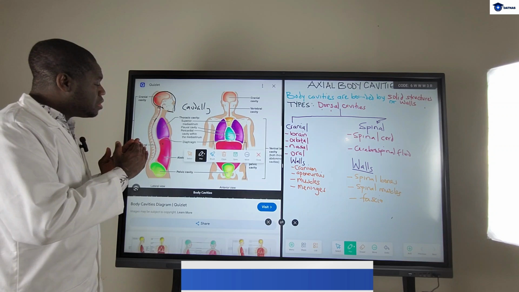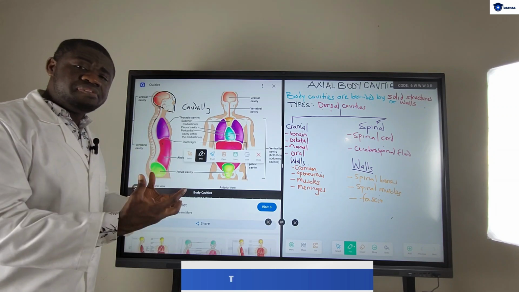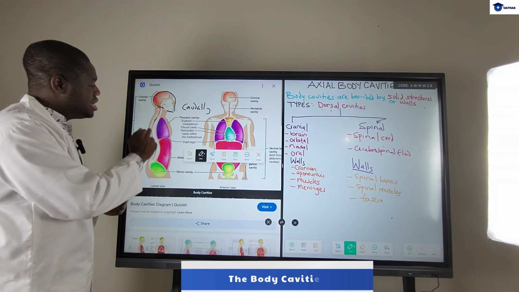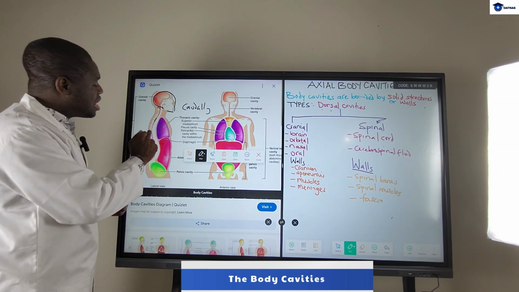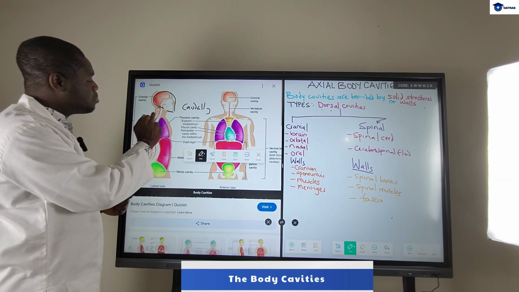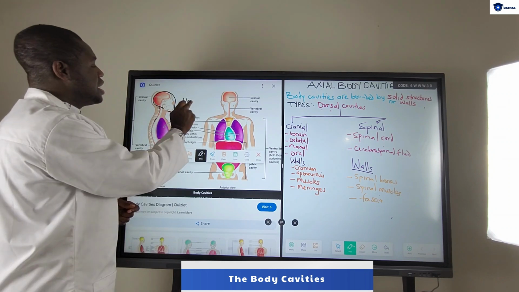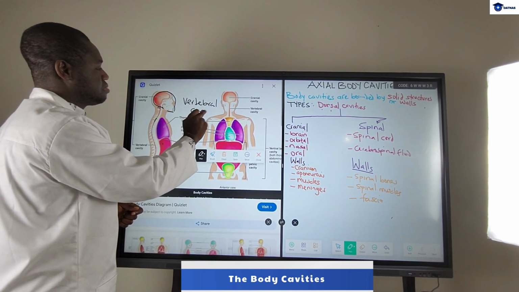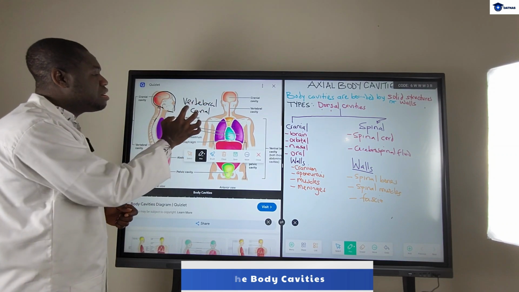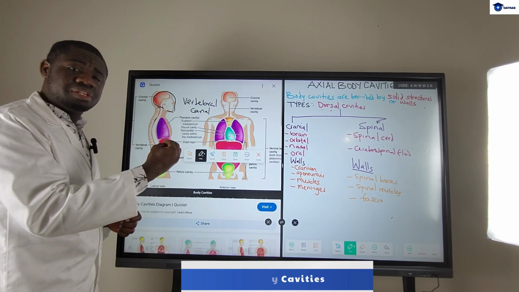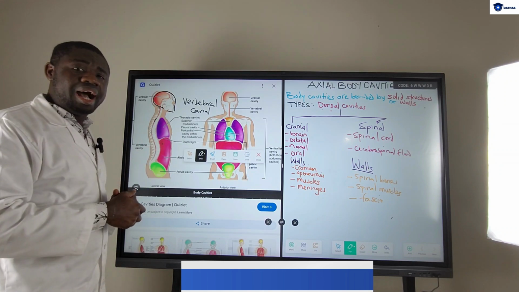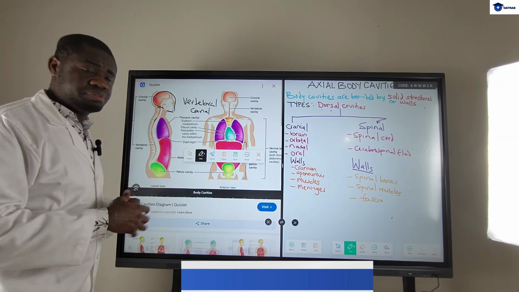Both the spinal cord and the cerebrospinal fluid are within a space in the spinal cavity. That space is called the vertebral canal. The vertebral canal is a canal that contains the spinal cord and the cerebrospinal fluid.